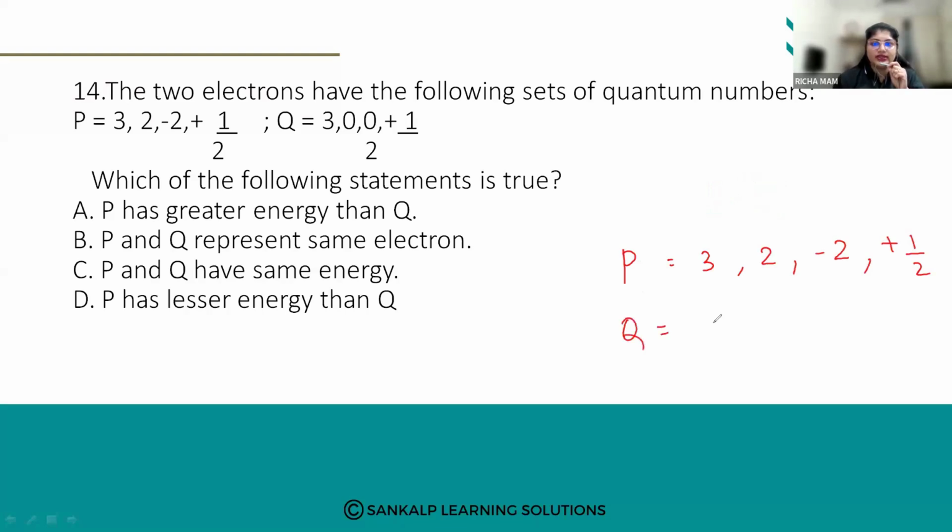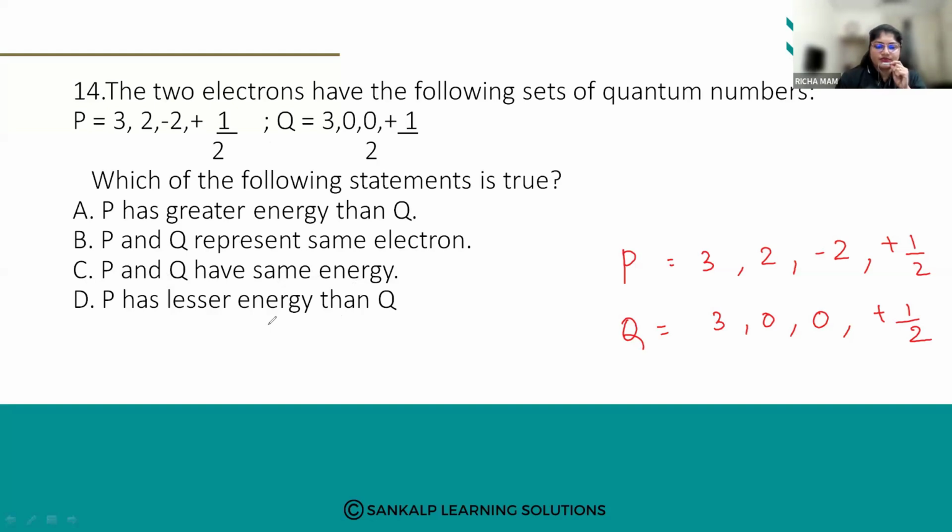And for Q, the other electron, it is 3, 0, 0 and plus half. Which of the following statements is true? A, P has greater energy than Q. B, P and Q represent the same electron. C, P and Q have the same energy. And D, P has lesser energy than Q. So these are the 4 options.